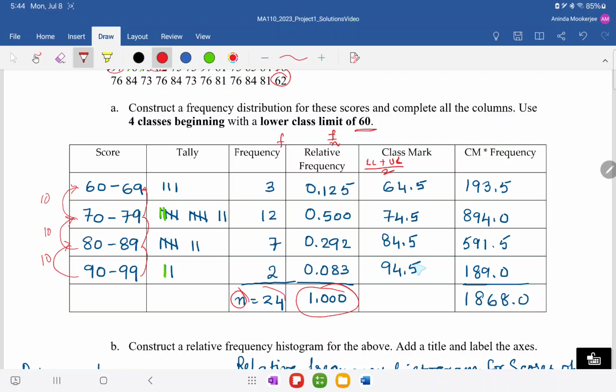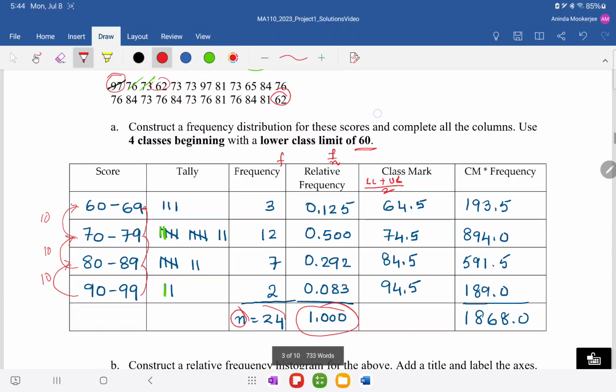That's how you find the class mark. And then in the last column, I have you multiplying each of these class mark values by the frequency values in the third column, because this is the way you can find the mean of the scores from a frequency table.